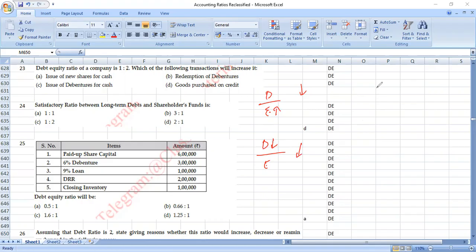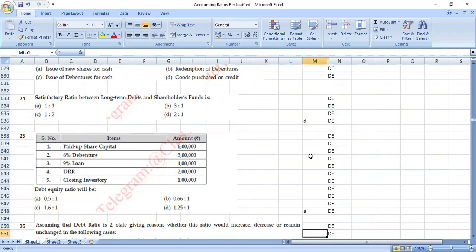Issue of debentures for cash will increase the numerator because more debt is coming in. Therefore, this will increase the ratio. Goods purchased on credit will not touch debt equity ratio, it is entirely liquidity based. So 23, the answer is C. 24, satisfactory ratio between long-term debt and shareholders' funds is 2:1. The optimum ratio is 2:1.